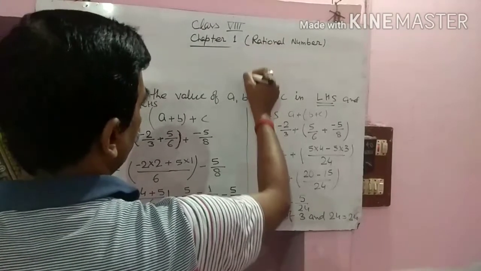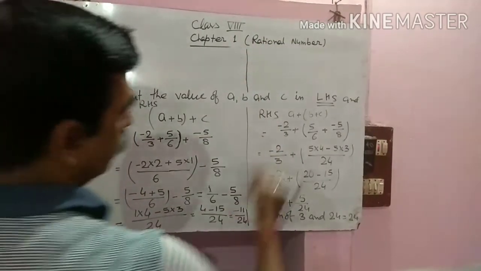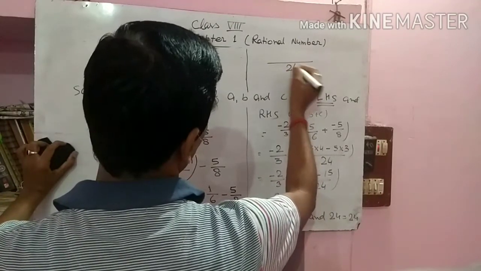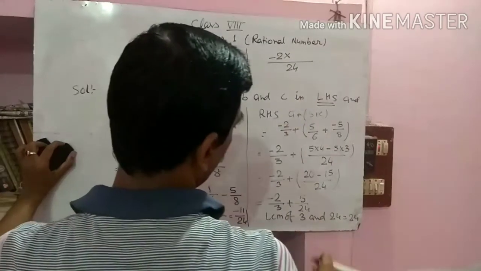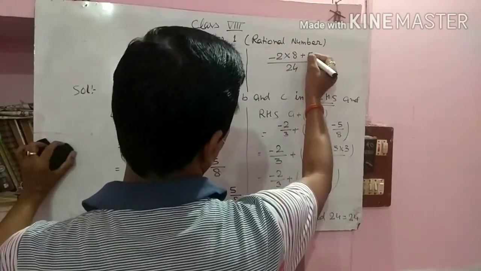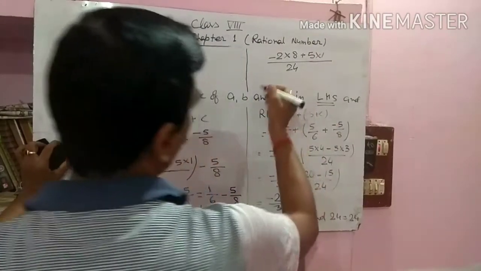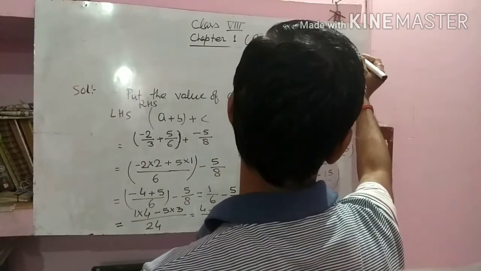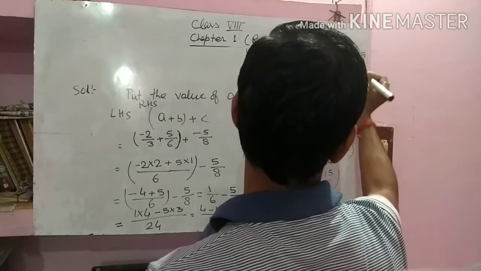So the rest of the part, what do we get? The LCM is 24. So minus 2 into 8 plus 5 into 1. So it becomes minus 16 plus 5 by 24.